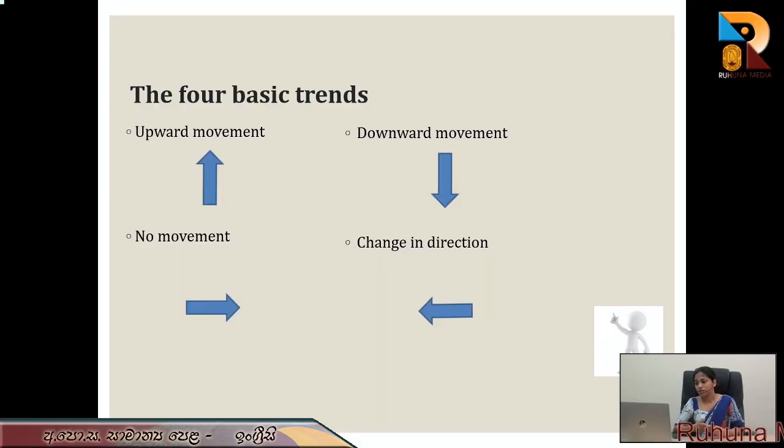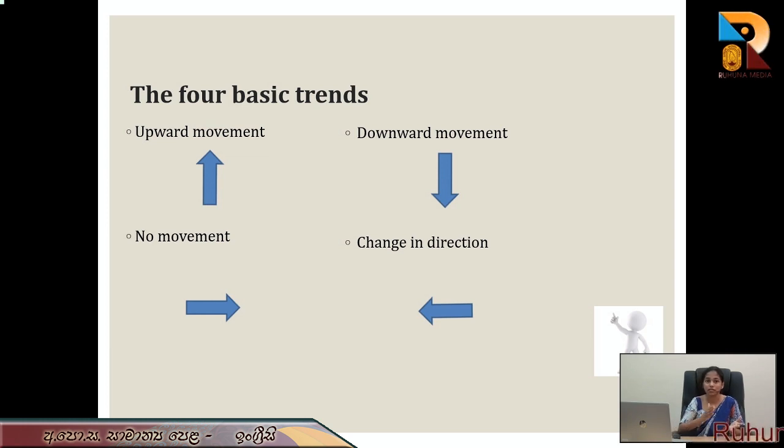So these are the four most basic trends, especially when you are reporting data out of a bar graph, right? They have tendencies. So the first one is the upward movement. If there's an increase of a certain element, you call it an upward movement. And then if we can identify the decrease or the downfall of the same element, we say there's a downward movement. And sometimes in graphs, there is no movement at all, right?